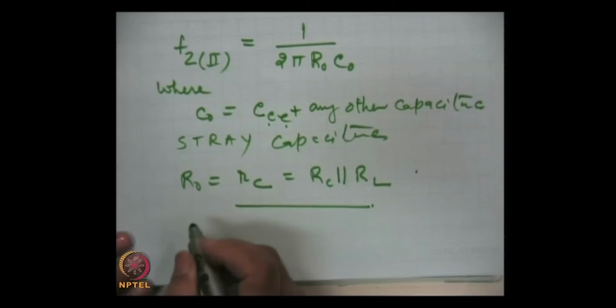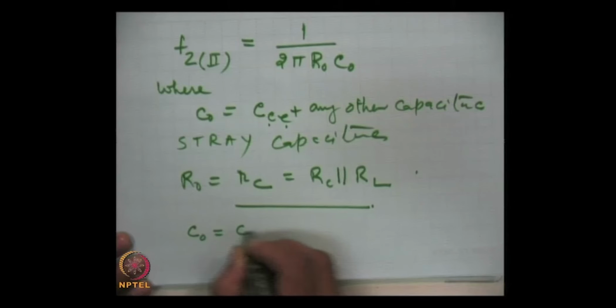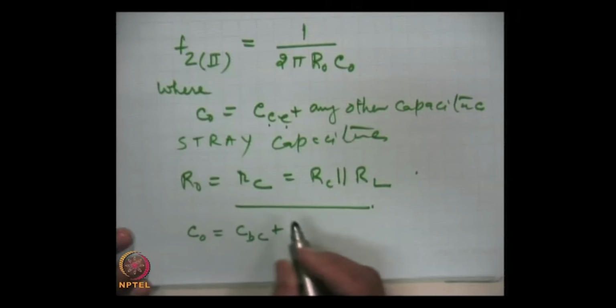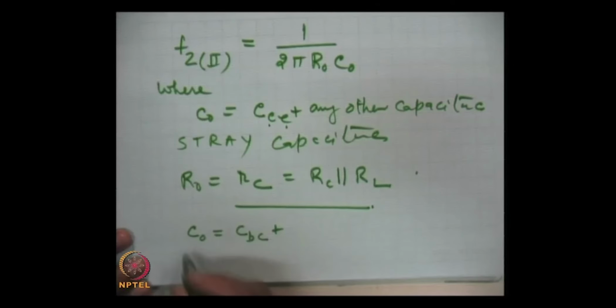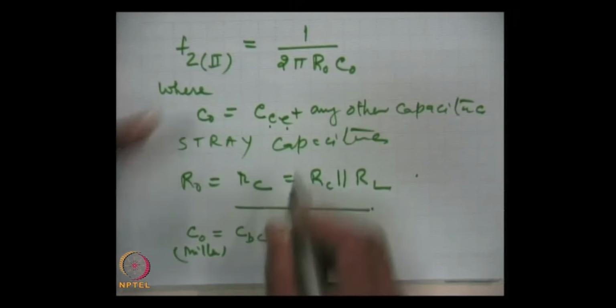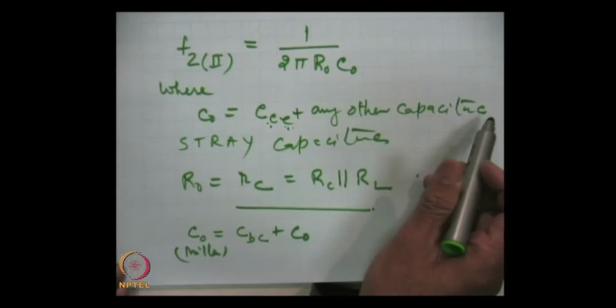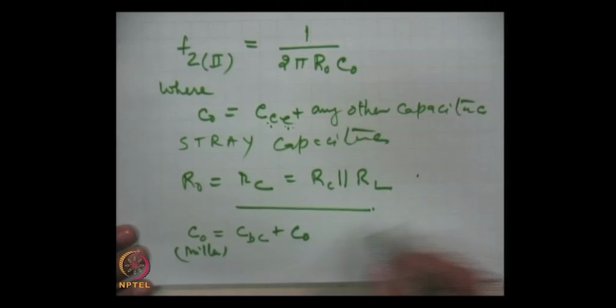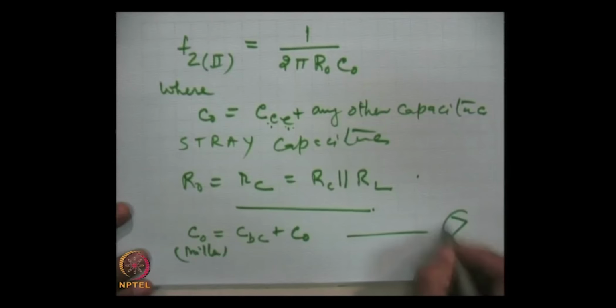So, the total capacitance will be C_BC, let us call it due to Miller, plus this C_0 which contains C_CE and other capacitances, and this will give another cutoff frequency, the second cutoff, upper cutoff.